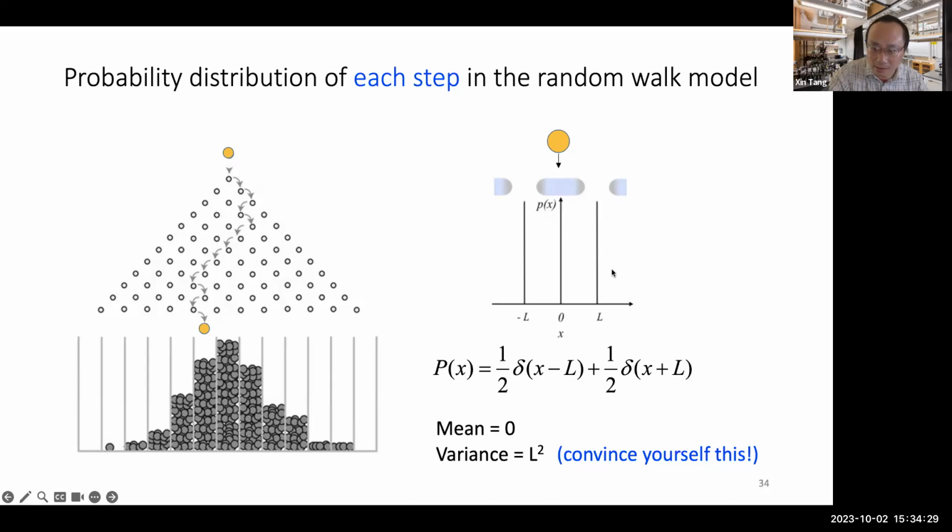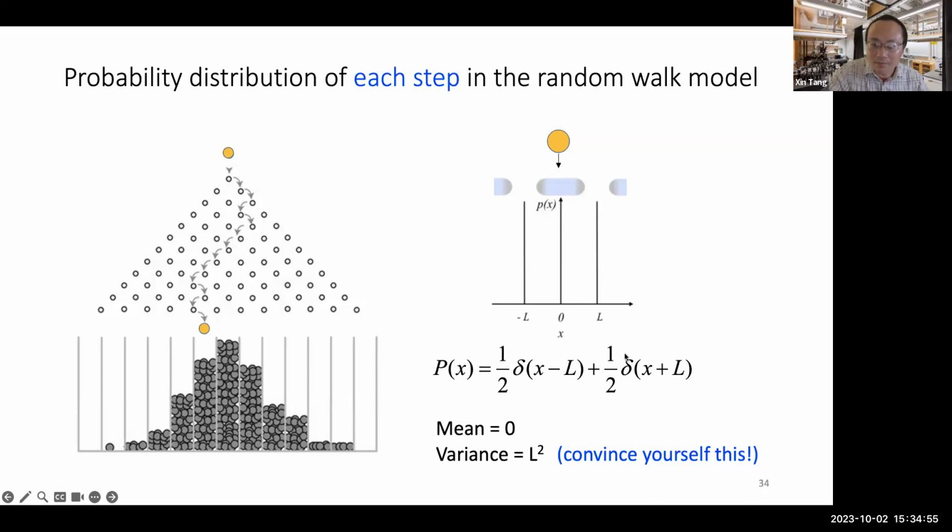That means it's the right hand side, 50%. And then another 50% on the left hand side is delta(x plus L). So as x equals negative L, then this one equals infinity. Okay. So this is the distribution.